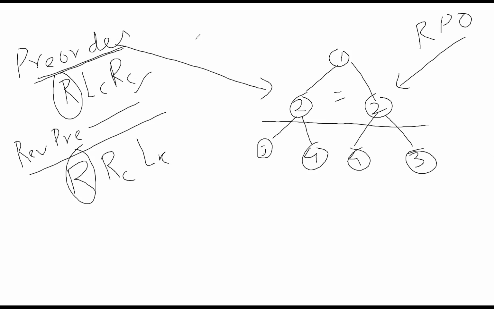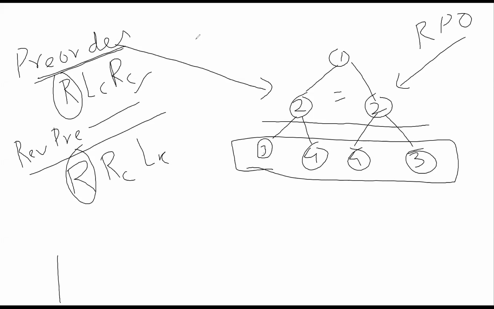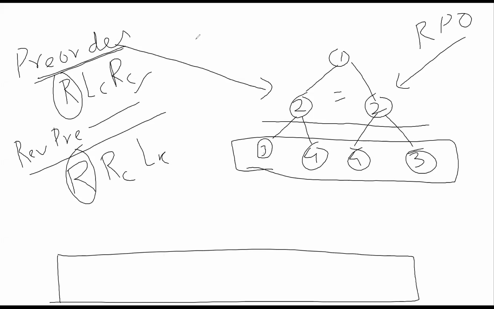Now, instead of comparing these only at this level, we'll also insert them into some sort of queue where we can take up the next elements to compare. Let's assume the queue is here. Once this level is done, we'll have to compare the children of these elements with the children of these elements. That's what checking left child symmetry and right child symmetry means.